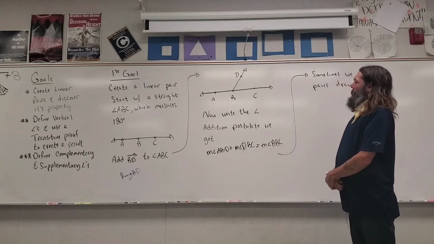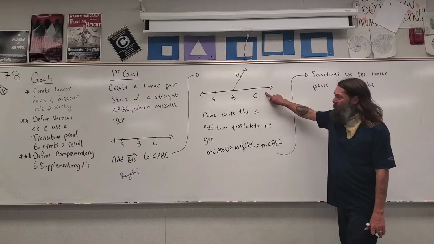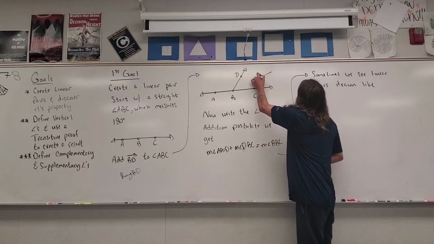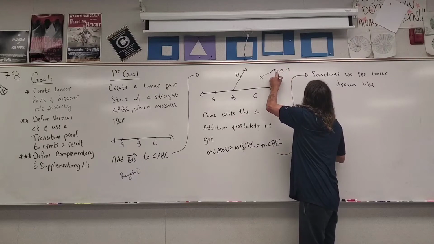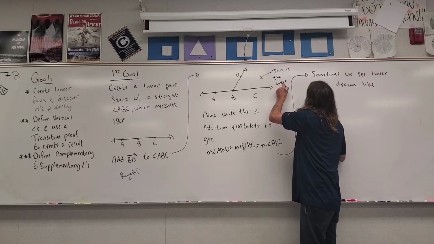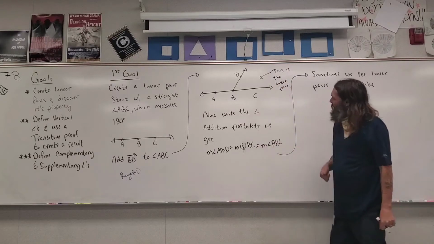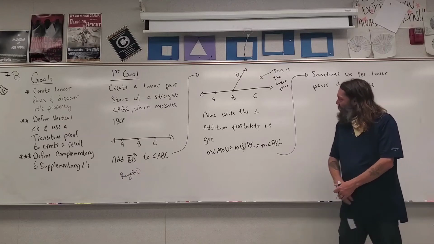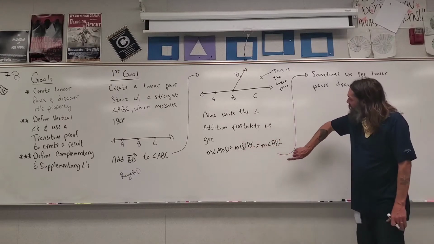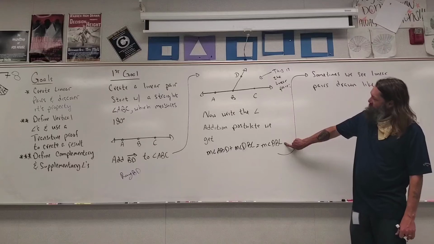So, by the way, this is the linear pair. Should have mentioned that, but that's our linear pair. We created our linear pair. And we also wrote our angle addition postulate for our linear pair. But I noticed something about my measure of angle ABC.